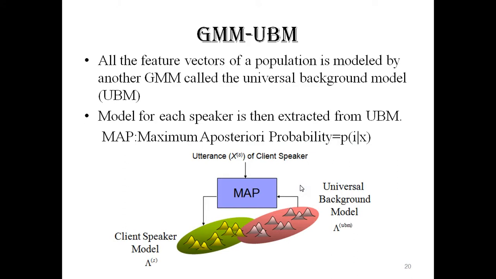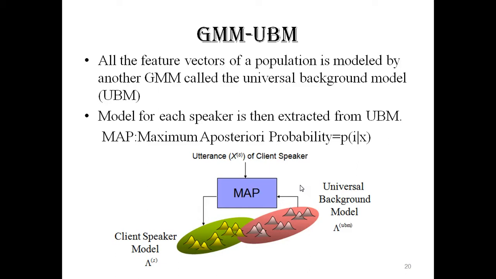The other system that is considered in this project is the universal background model system. In the universal background model system, we have a log likelihood ratio test being conducted. The ratio is between the likelihood of the test vector with the model of a given speaker to the likelihood of the test vector on a universal background model.